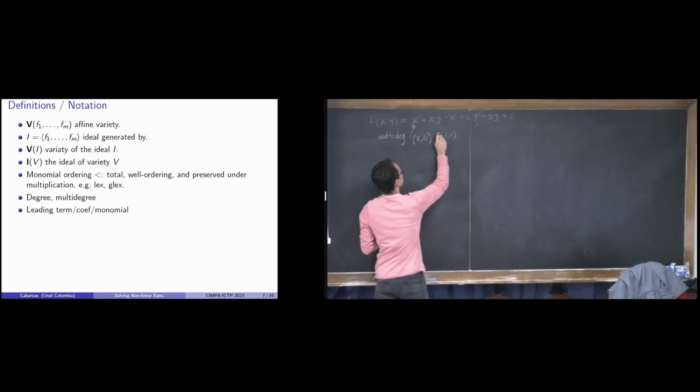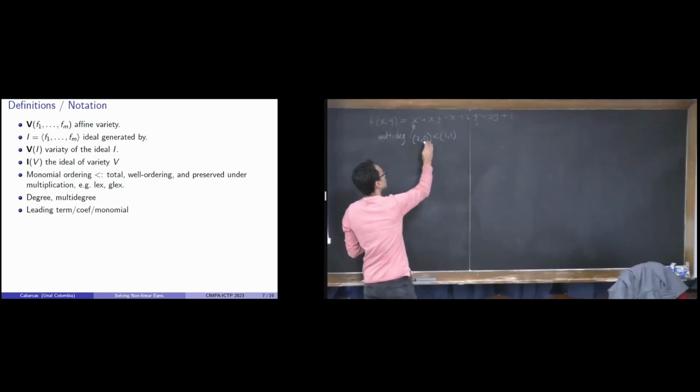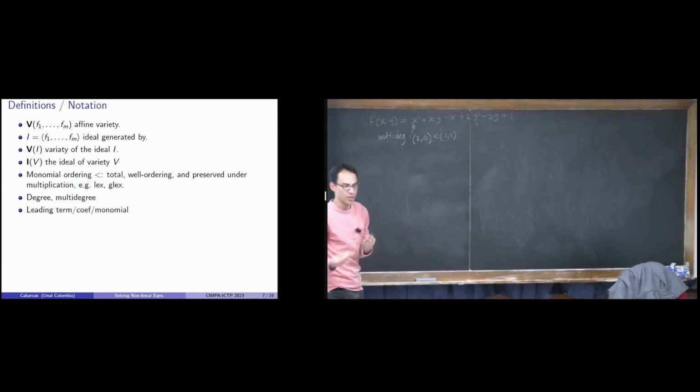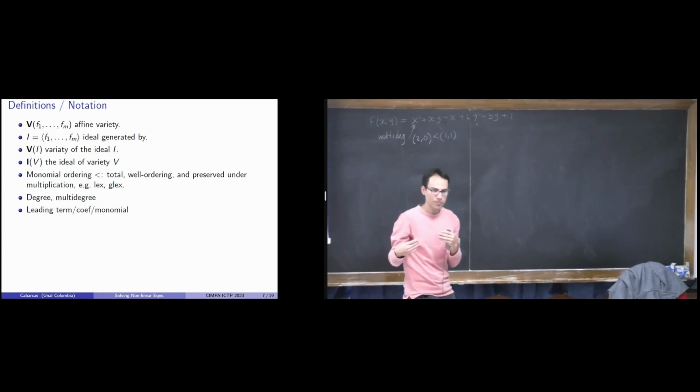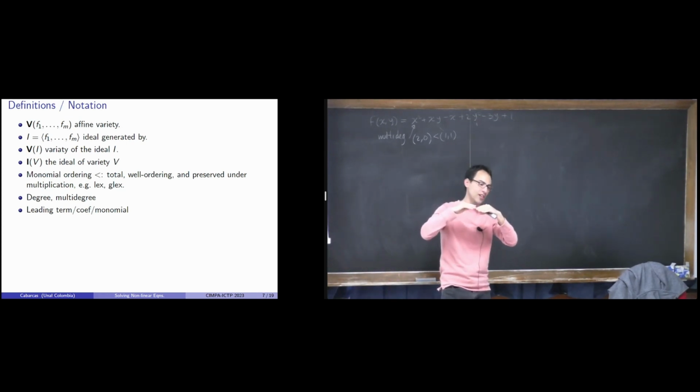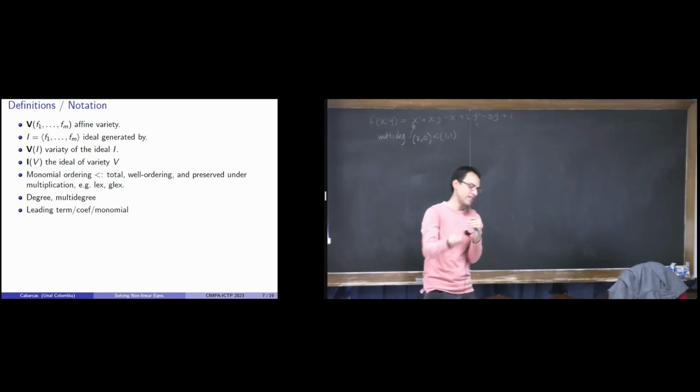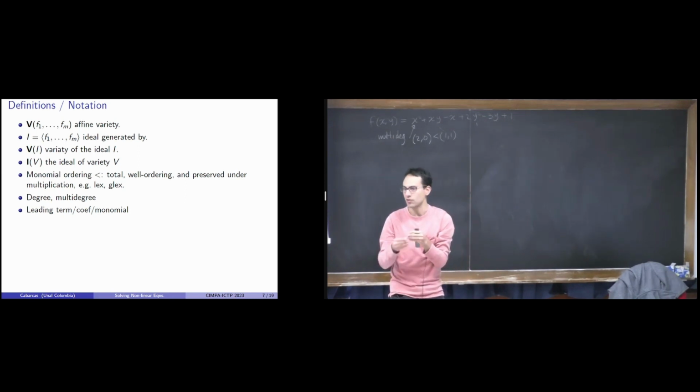And in this case, (2, 0) is larger than (1, 1) in the lexicographic order. The graded lexicographic is doing the same, but it first orders according to degree, and then it orders according to lexicographic order after the order of degree.